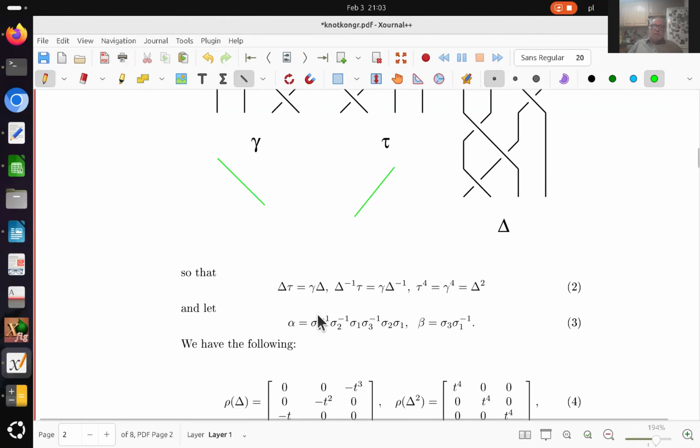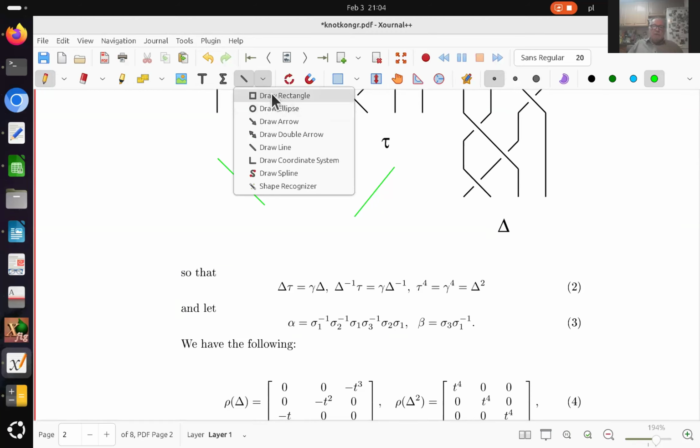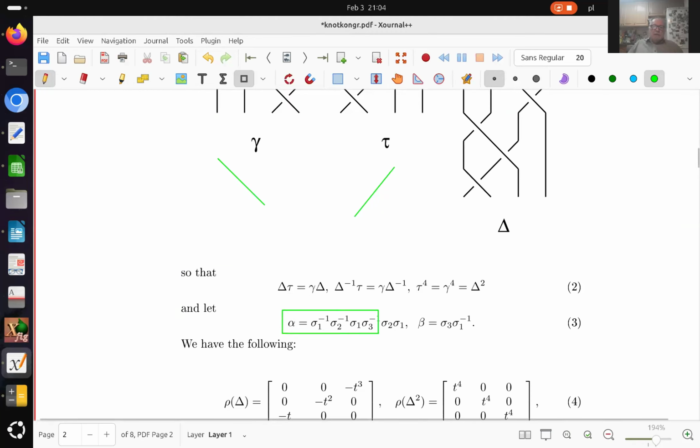Now, another important notation: these two elements of the braid group, alpha and beta. One is very simple, that's beta, sigma 3 times sigma 1 inverse.